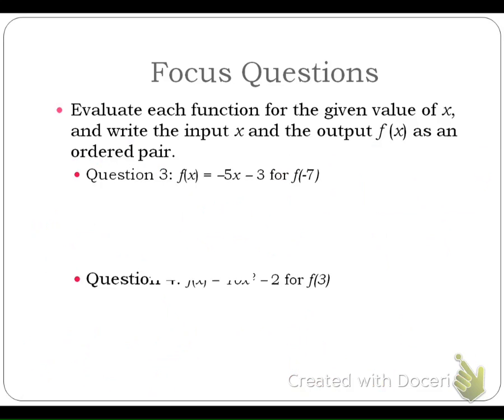So f of negative 7, oops, get my pen tool here. F of negative 7 is equal to, and then you copy down the rest of the equation, but you replace all the variables with that negative 7.